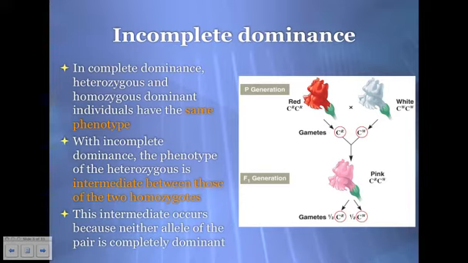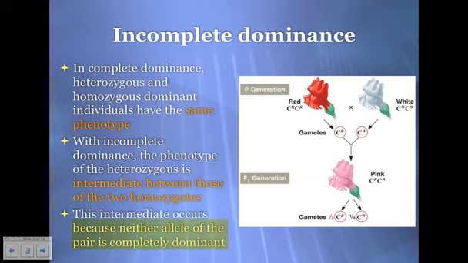With incomplete dominance, the phenotype of the heterozygote is an intermediate between those of the homozygous recessive and homozygous dominant individuals. So this is the case where the heterozygote actually shows a blending phenotype. This happens because one allele is not completely dominant over the other.